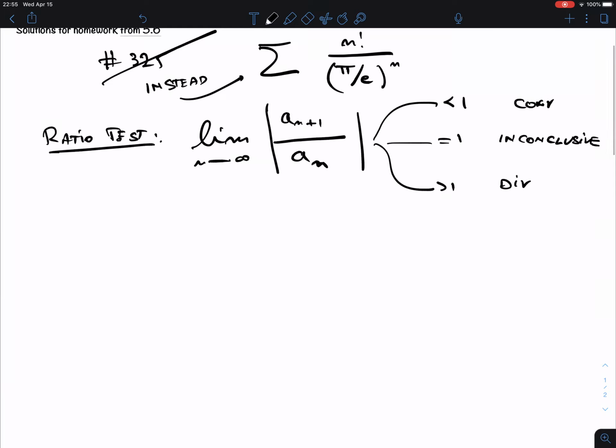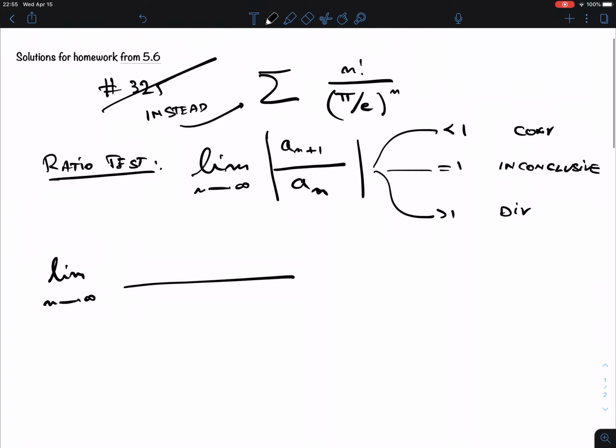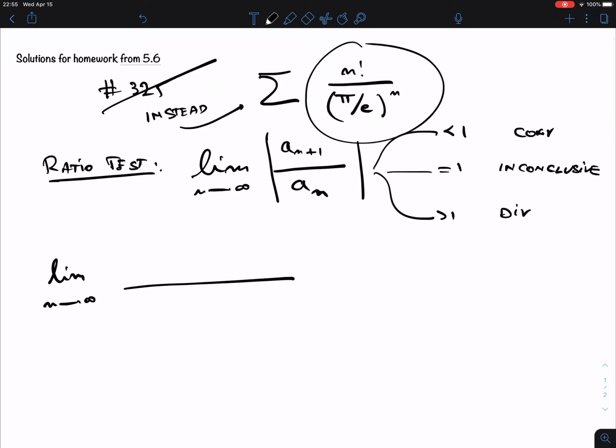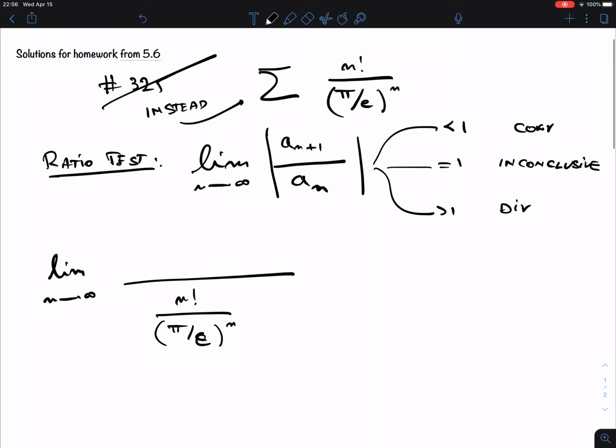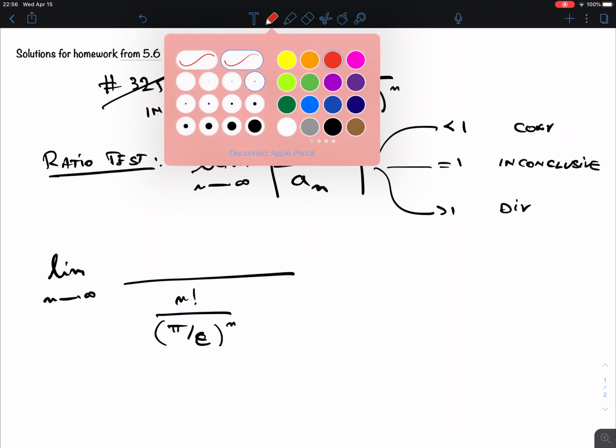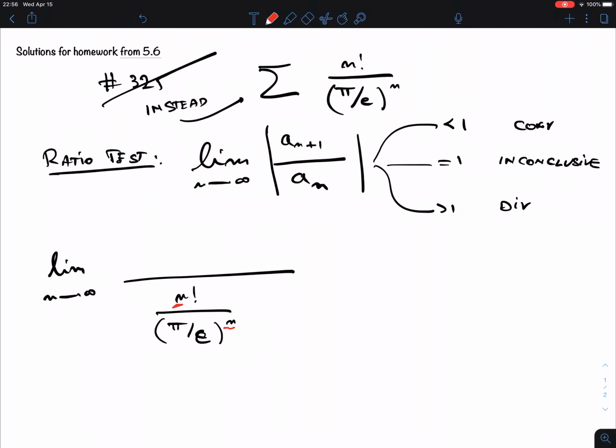So we have to calculate this limit. You always start with writing down the actual formula that you have. So you write n factorial over pi over e to the power n. And then on top gets the same thing, but replace every instance of n. This is an instance of n, and here is an instance of n.